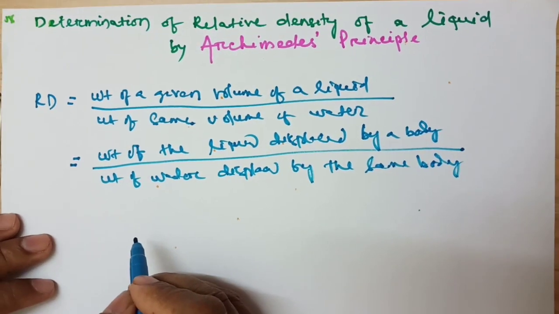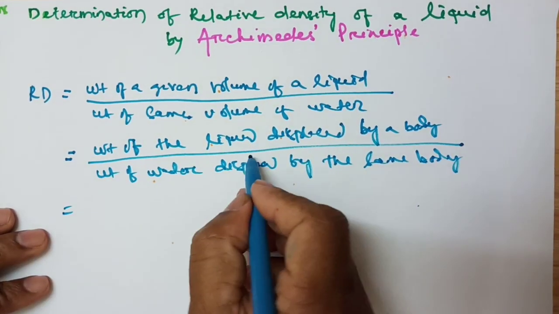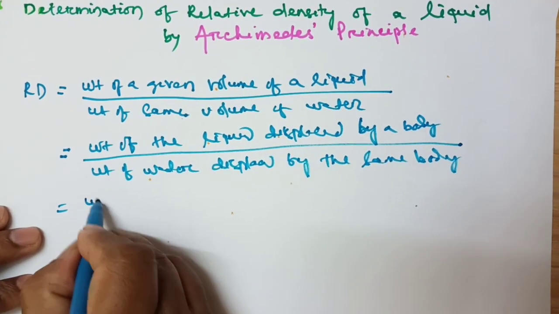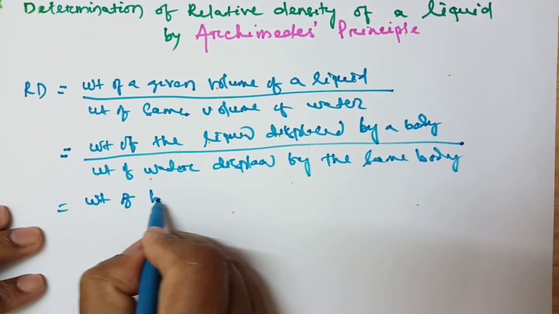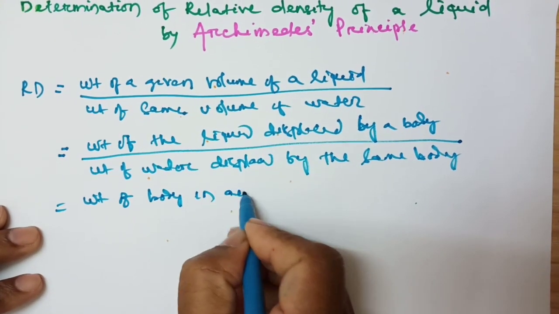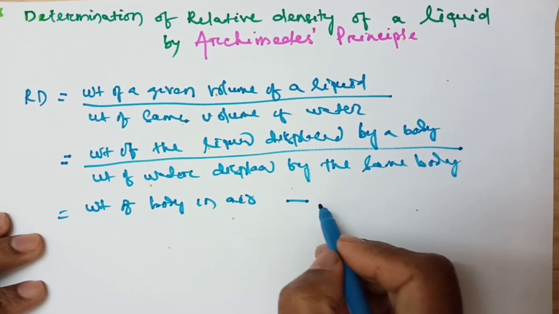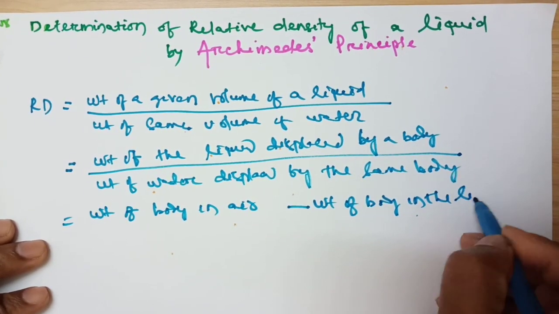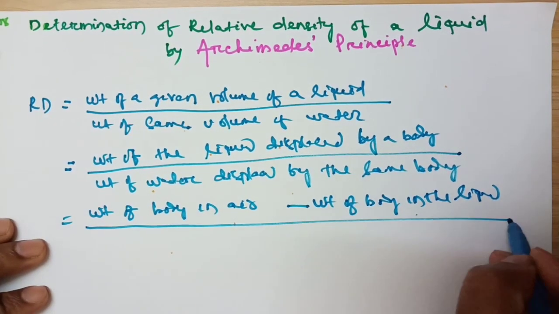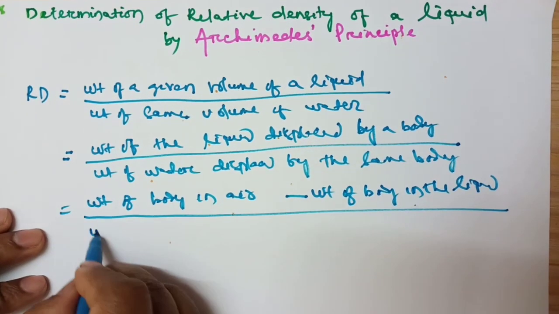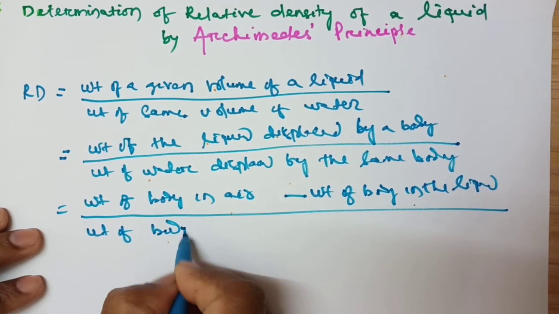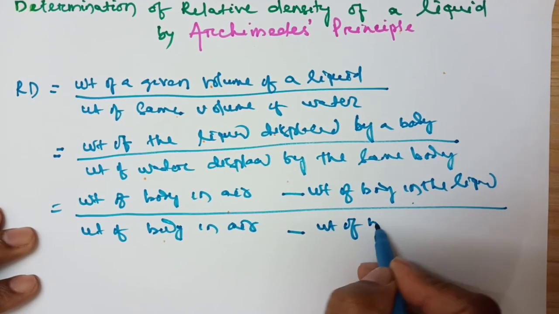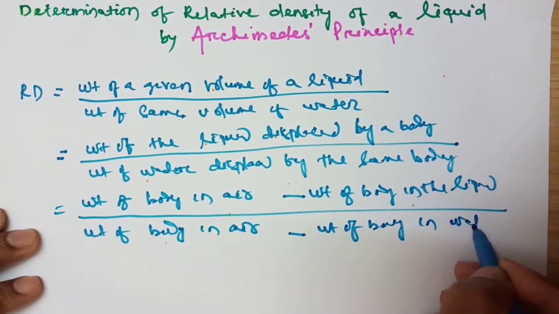The weight of liquid displaced by a body is the loss of weight. That is, weight of body in air minus weight of body in the liquid, by weight of body in air minus weight of body in water.